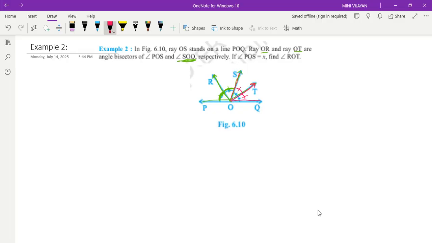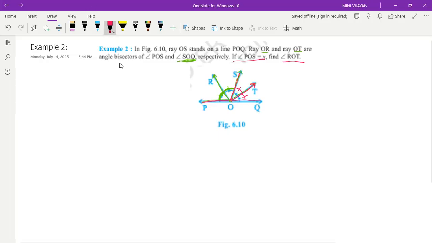And another condition which is given is angle POS equals X. POS, see here, this angle is equal to X. You need to find what is ROT. Which is the angle ROT?